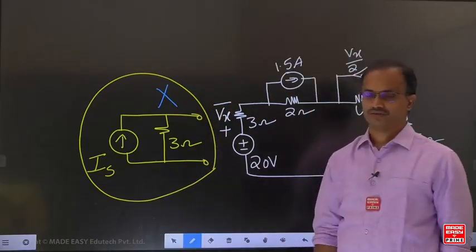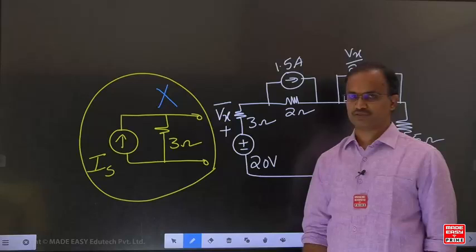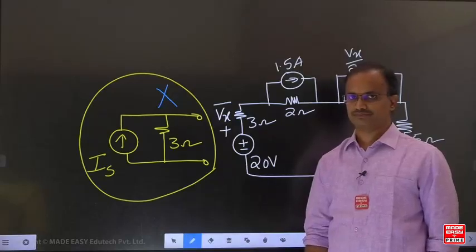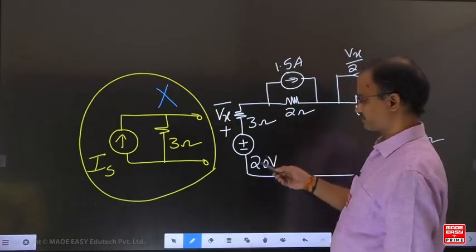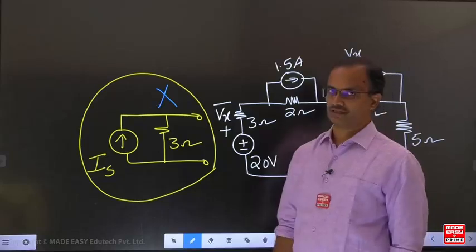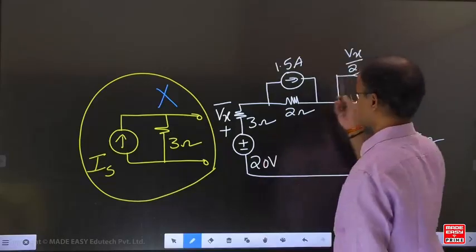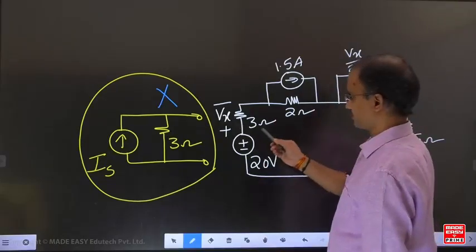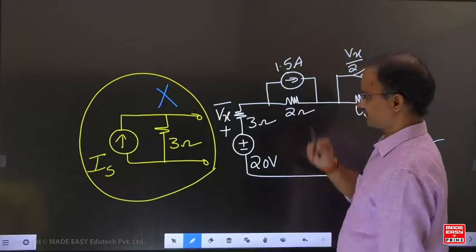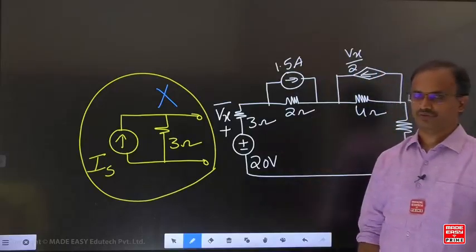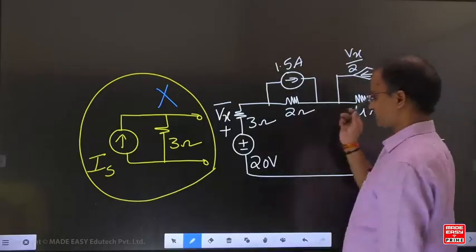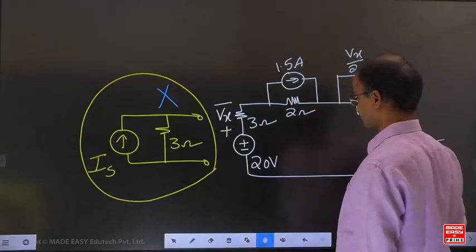That's why, wherever the dependent source magnitude depends, in this example on the voltage of the 3 ohm resistor, we should not disturb that element. Without disturbing this one, for the remaining sources, transformation can be applied.